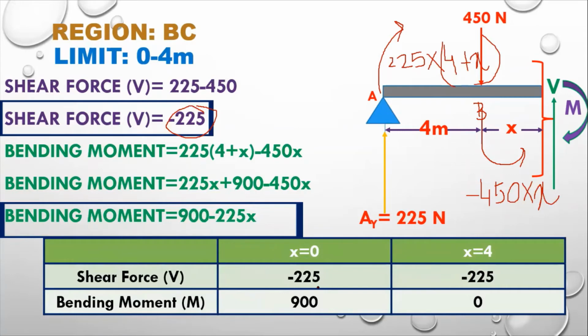But for the bending moment, when we put 0 here for the first time, this term becomes 0. So 900 minus 0 becomes 900. And when we put 4 here, what will happen? So 900 minus 225 into 4.